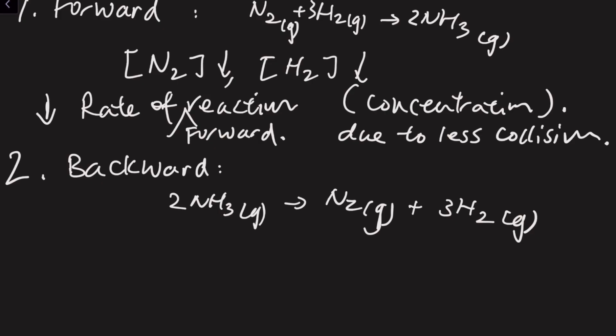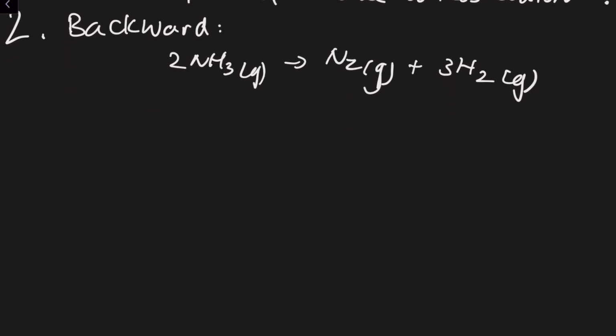When you have a lot of ammonia in your system, inevitably those ammonia molecules are going to bump into each other. And some of this collision would be successful. And when this collision is successful, the ammonia turns into nitrogen gas and hydrogen gas again. So this is entirely possible. And this is actually what happens in the real world.